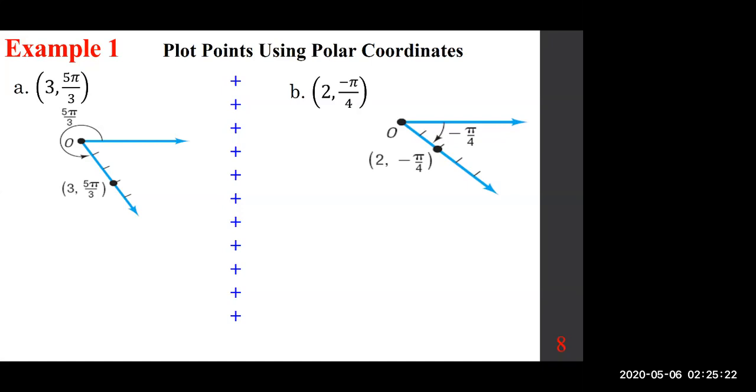Just for the sake of argument, I hope everybody can see, this is also equal to 2, 7 pi over 4, just as an example, okay? Does that make sense? All right.